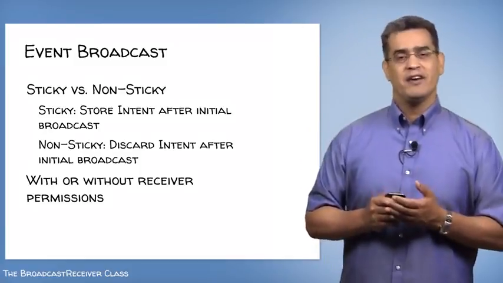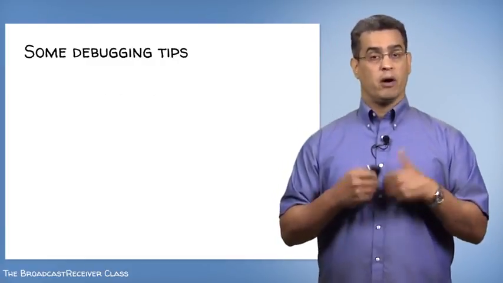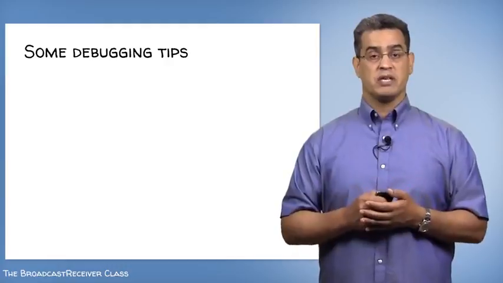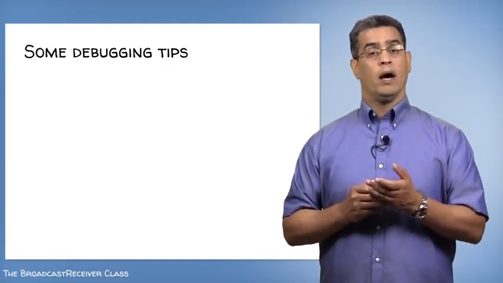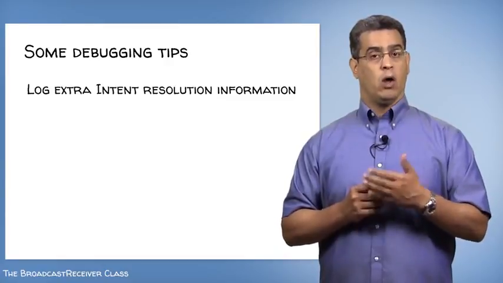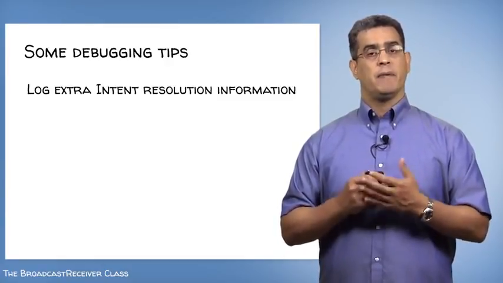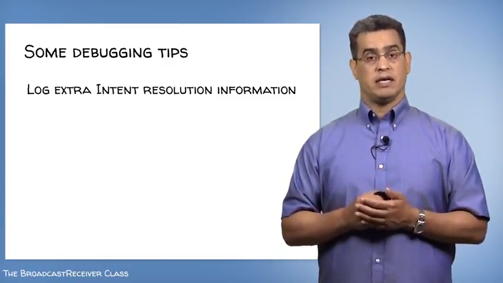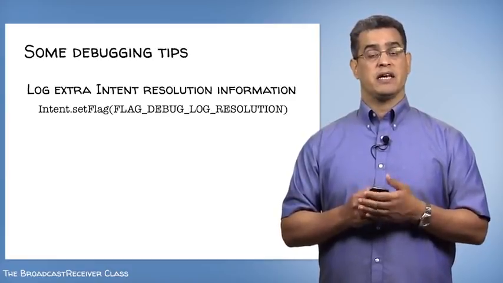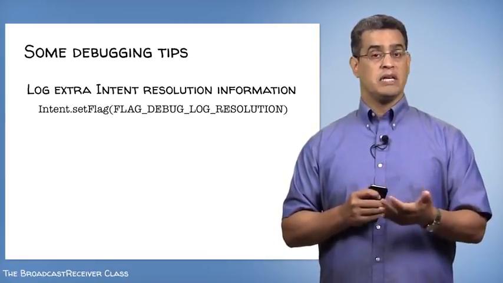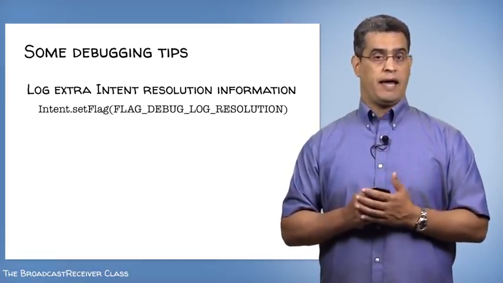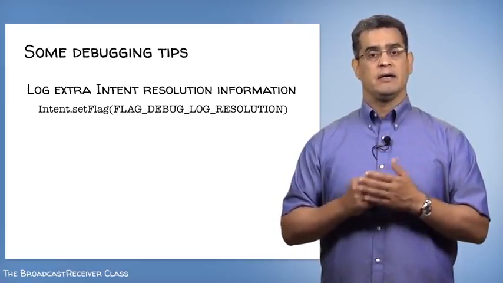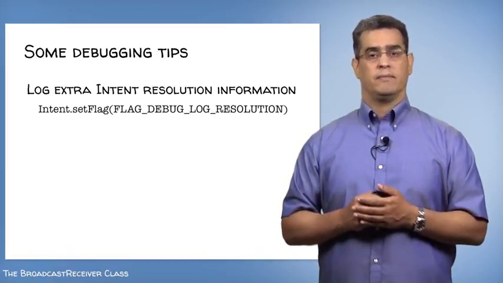Now, if you find yourself having trouble getting broadcasts to the right broadcast receivers, there are a few things that you can do. One is to have Android log extra information about its intent resolution process. And you can do this by setting the FLAG_DEBUG_LOG_RESOLUTION flag in the intent that you're going to broadcast.